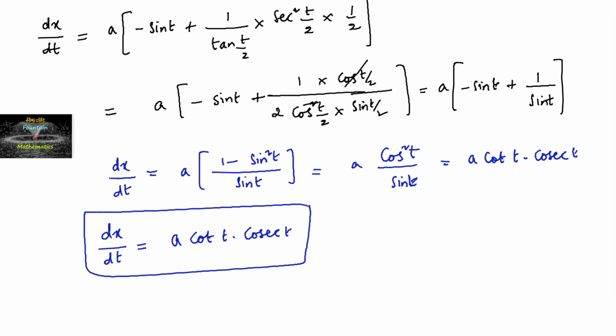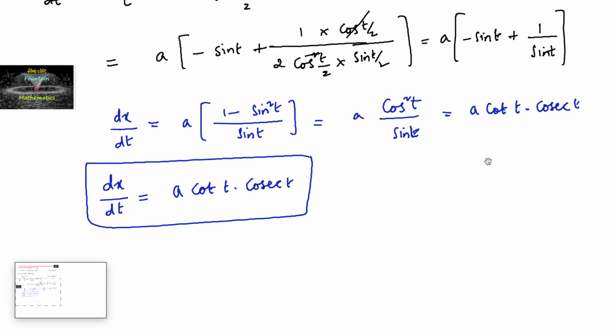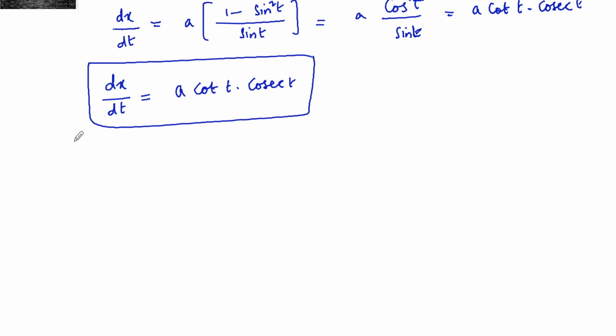Now let's differentiate y with respect to the parameter t. So y is equal to a times sin t. Now differentiate with respect to the parameter t. So we can write dy by dt is equal to a times, sin t differentiation is cos t.